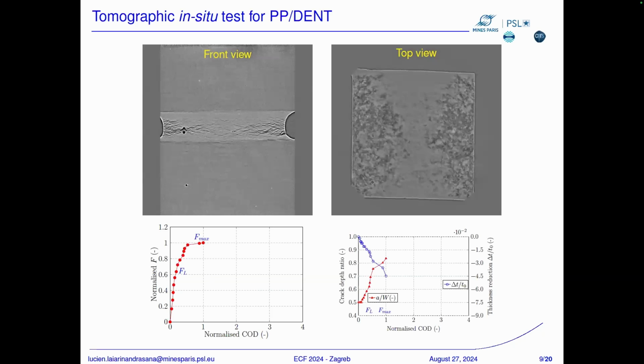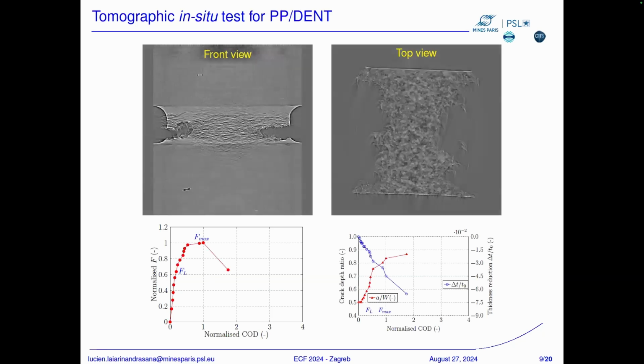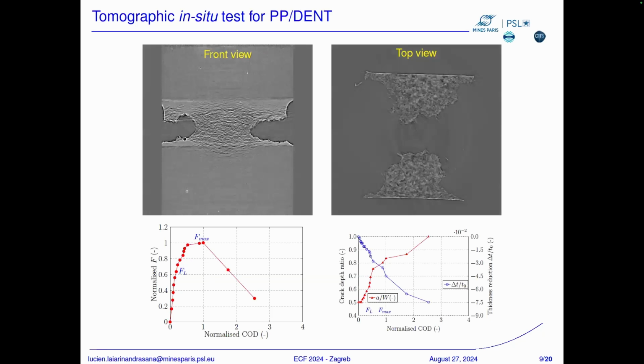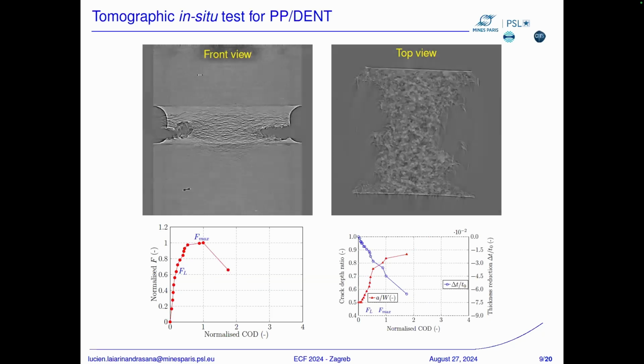Okay. So now at maximum load, you can see all of this tremendous, let's say, damage or crazing, and the crack has already propagated from here. And so you can see all of this at the surface. Near the surface, you can see here the crack which is initiating from the surface, the crack front.